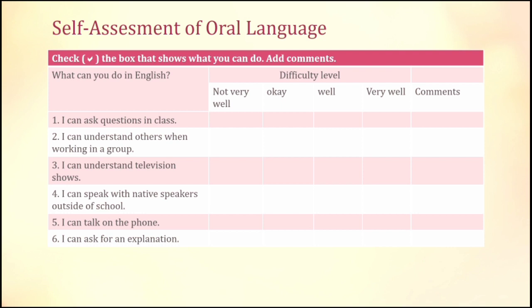There are some statements or items, like number 1, I can ask question in class, and the learner should put a check in the level he or she mastered, and then give a comment or maybe a reason why he or she is in that level.